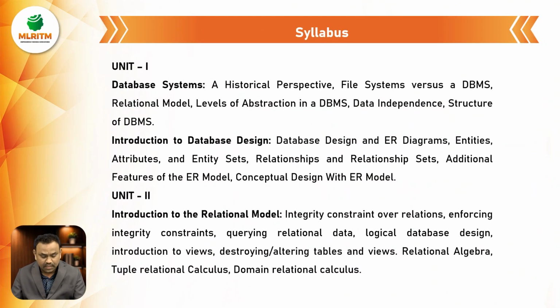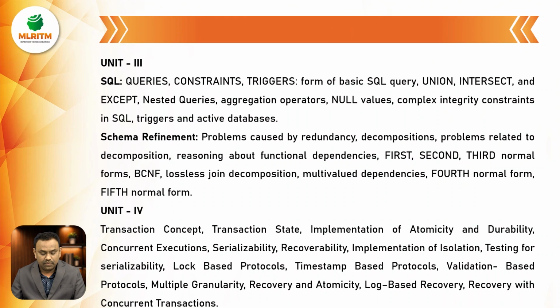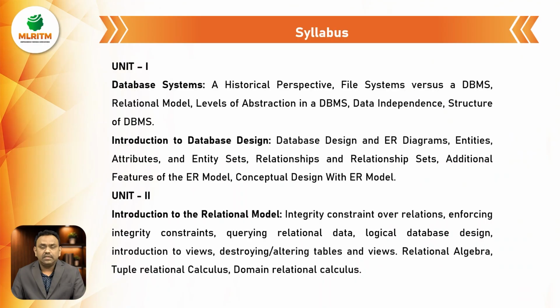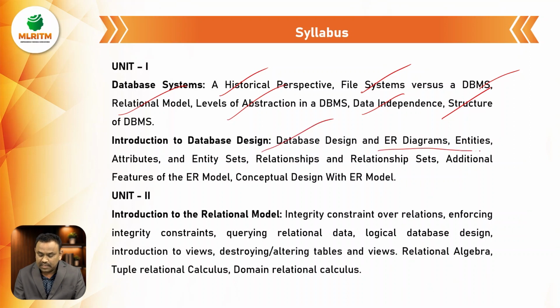This is the course content of the DBMS. It contains five modules. The first module explains the history of the DBMS, the file system versus DBMS, the relational model, abstractions, levels, data independence, and the structure of the DBMS, how the DBMS structure flows, etc. The second part of the first unit is about database design and diagrams, entities, relationships and attributes, entity sets, relationships and relationship sets, additional features of the ER model, and conceptual design with the ER model.